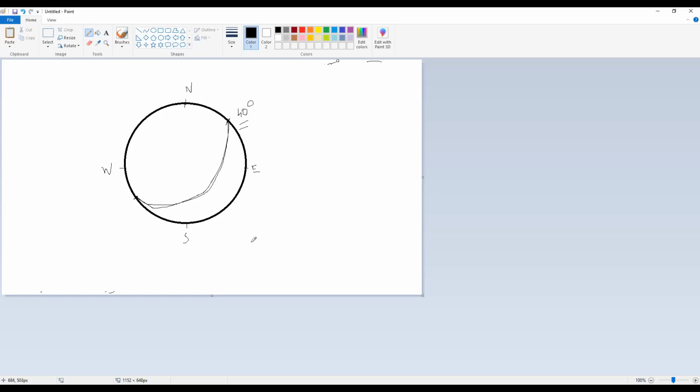Please say yes if you understood it. Yes, sir, it is understood. Now we'll rotate this point back to true north. Then what will happen? It will be like this.